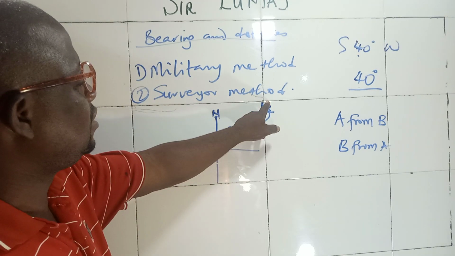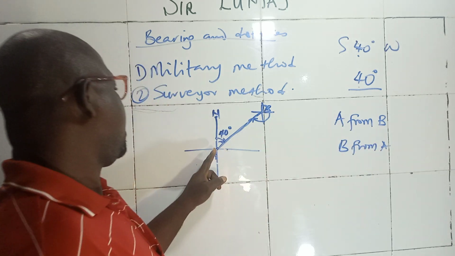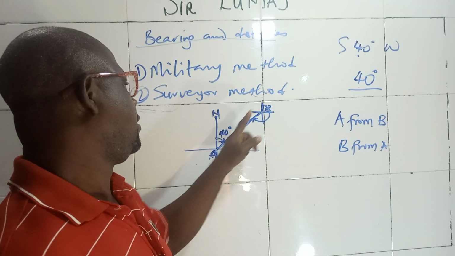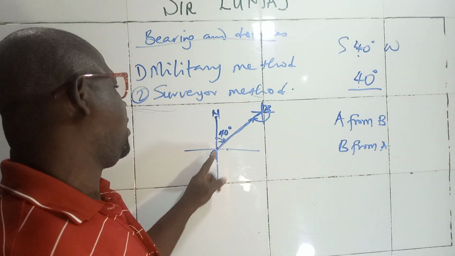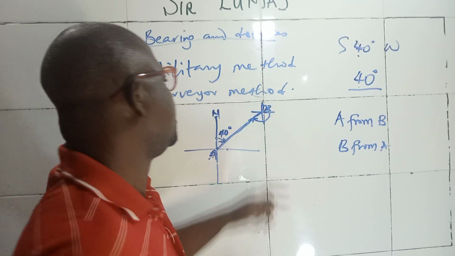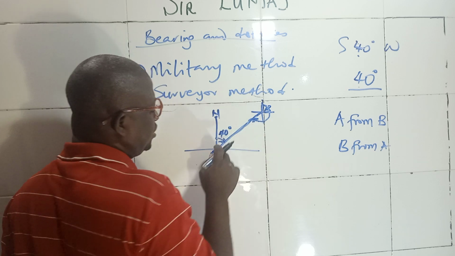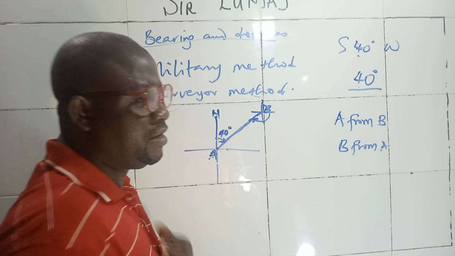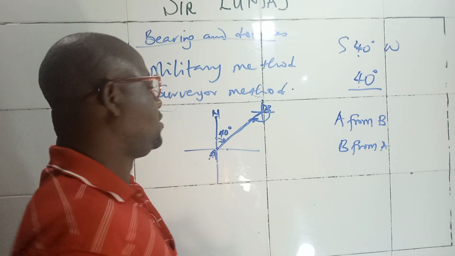B from A is 40 degrees. Then A from B is from this north of B to the line touching A. I will explain this over and over so that you can understand, or you can watch the video over and over to get the logic.